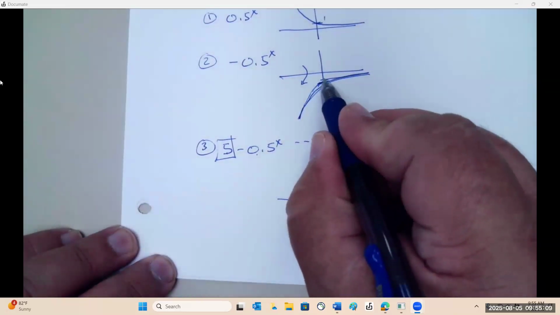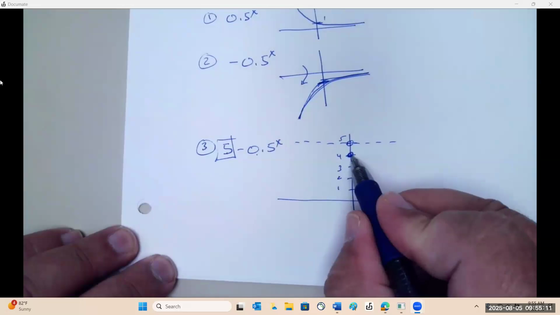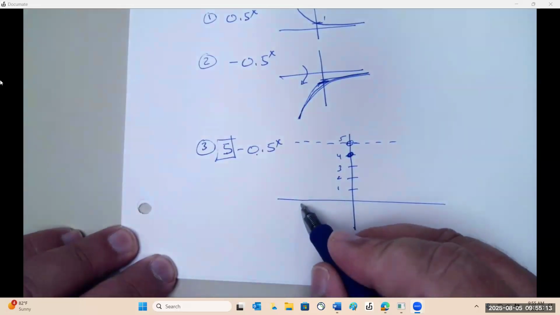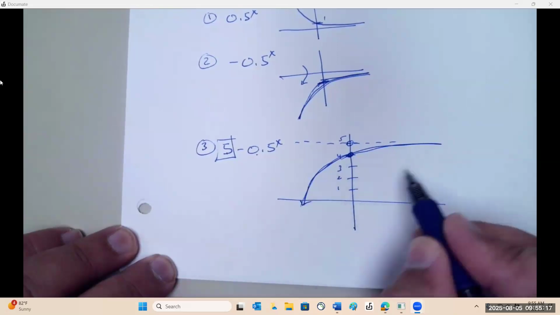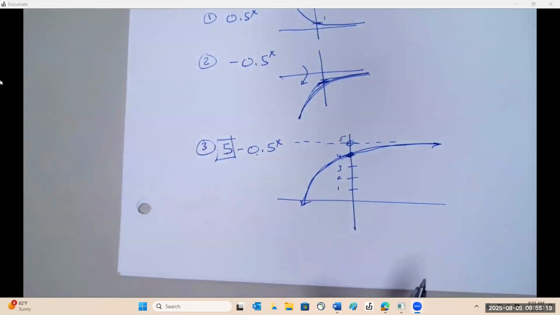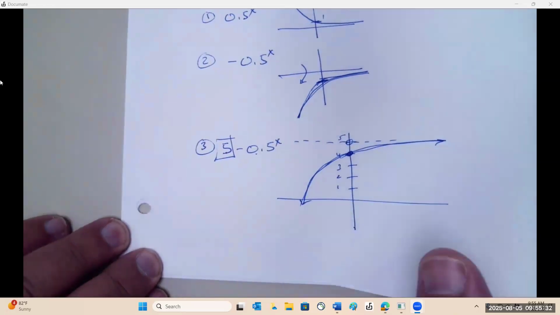The intercept is 1 below there. So there's my y-intercept. And the graph is decreasing, so it looks like this. Again, we have to break it up into pieces and see if it's a horizontal or vertical shift.